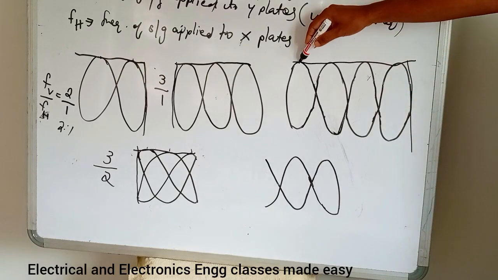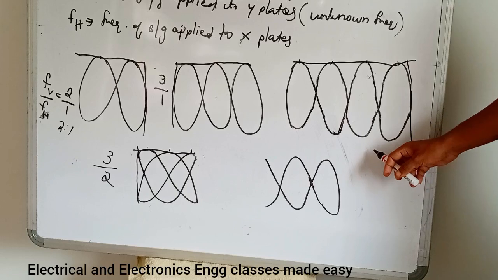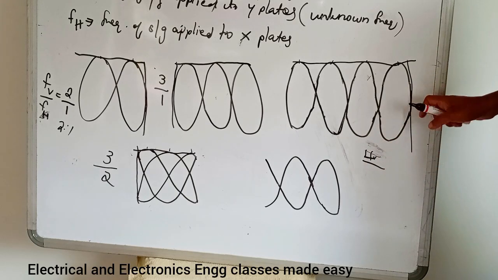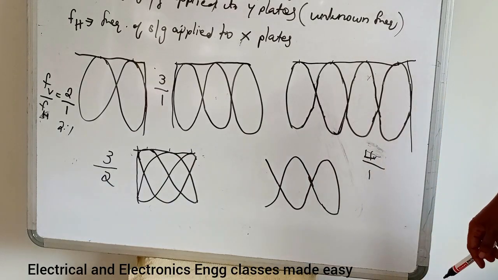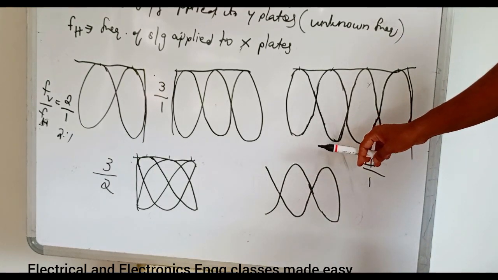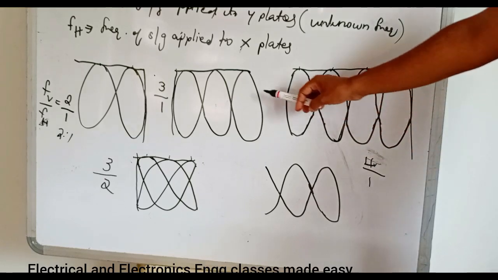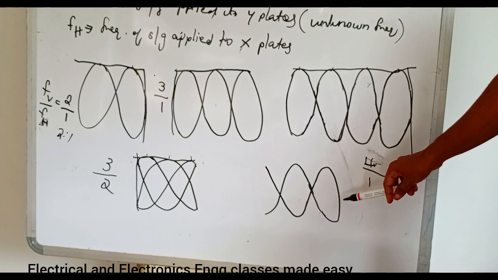Here the number of upper points is 4, and the side tangents are 1. That is 4:1. And this rule is applicable in all cases, whether the Lissajous patterns are open or closed. All these four are closed patterns and this is an open pattern.